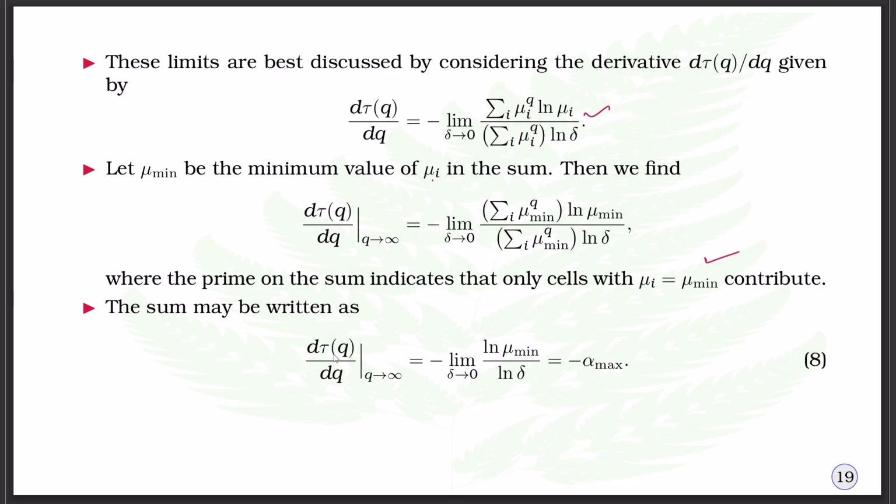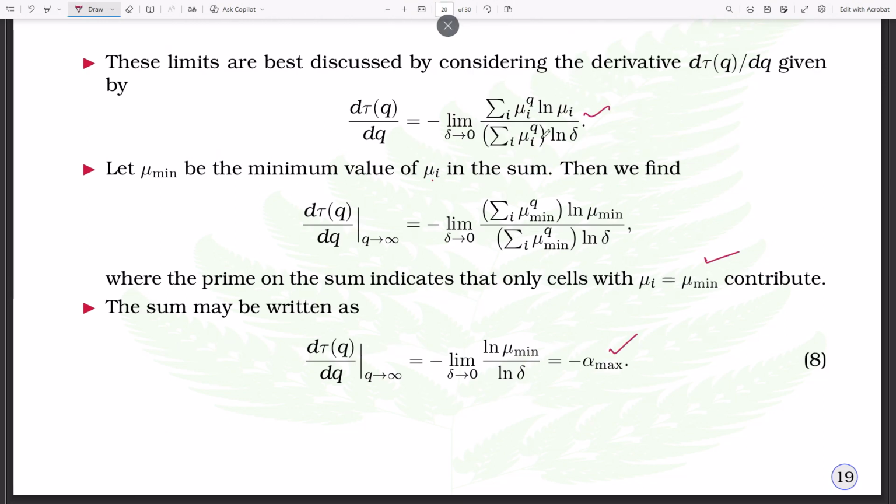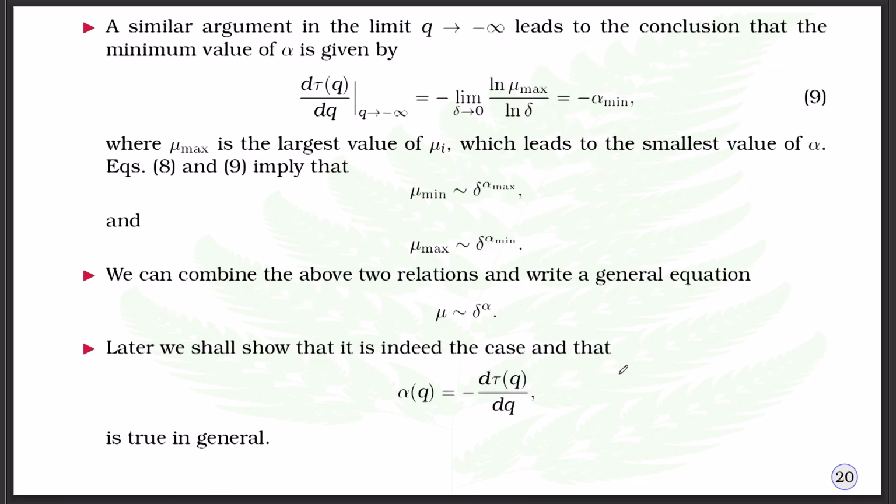The sum may be rewritten as d tau(q)/dq when q tends to infinity equal to minus the limit as delta tends to 0 of ln(mu_minimum) by ln(delta), which tends to minus alpha maximum.